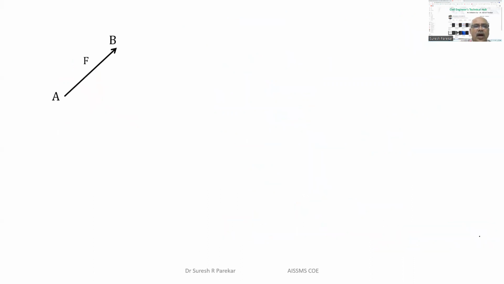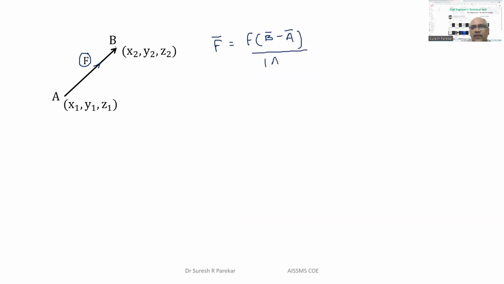Now, how to write a force is most important. Let us have a force of magnitude F, acting, and the arrow shows it is going from A to B. The magnitude is F. Then how will we write F bar? We have F bar equal to F into (B bar minus A bar) divided by mod of AB.